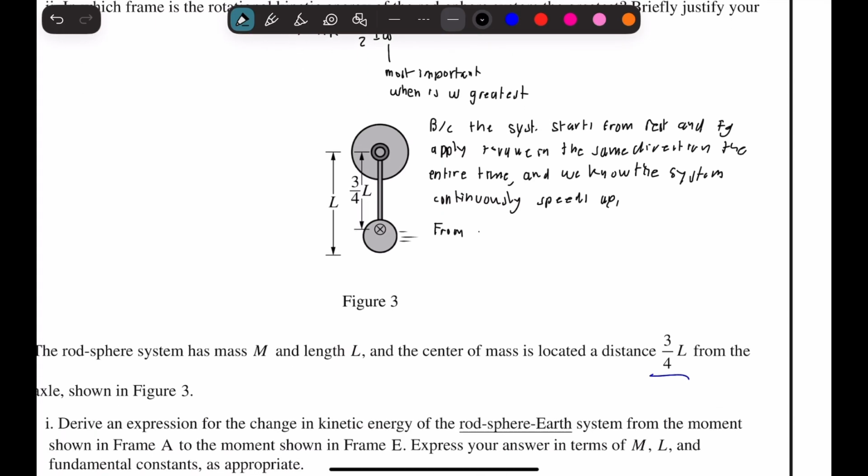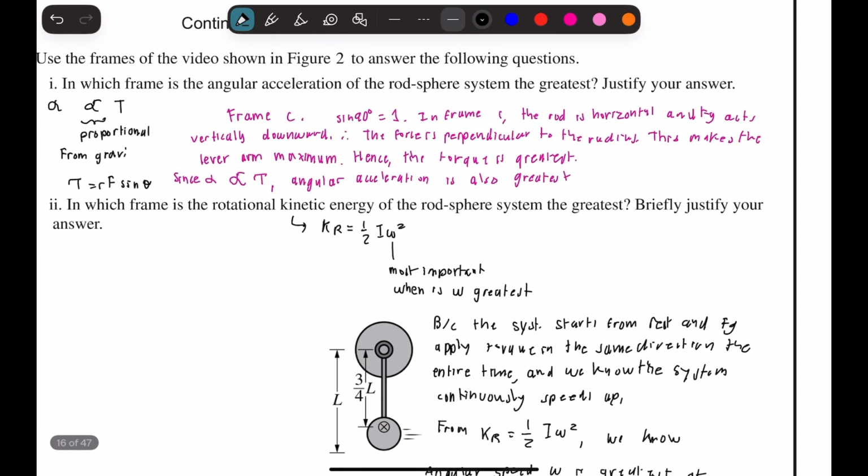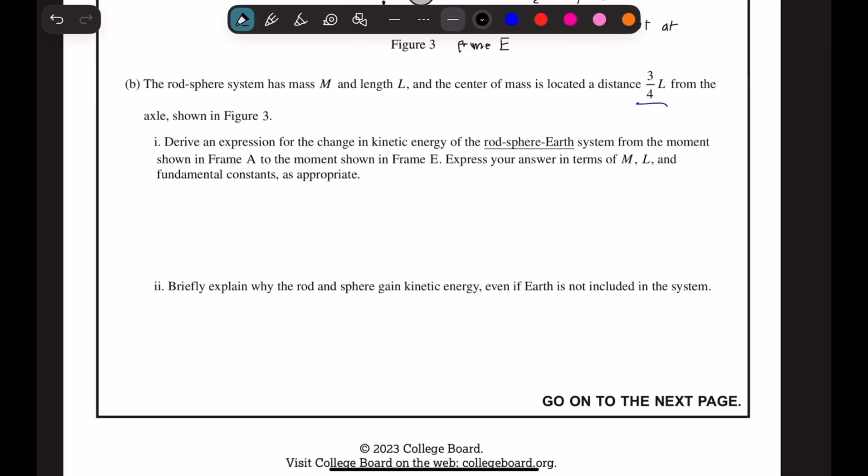From rotational kinetic energy, KR is equal to 1/2 I omega squared. We know angular speed omega is greatest at frame E. Frame C and frame E.